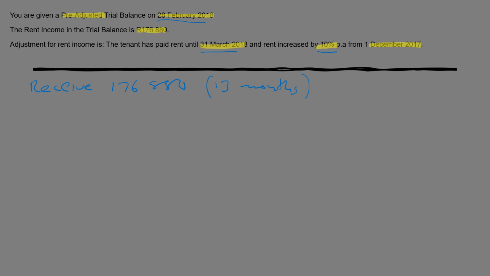Before the rent increase, it was 100%. And how many months are those? From March 2017 to November 2017, that will be 9 months, which gives you 900. Then after the increment, the rent will be 110% times from December 2017 to March 2018, that will be 4 months.